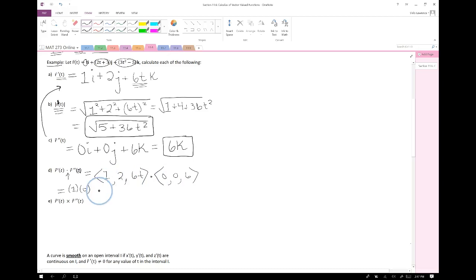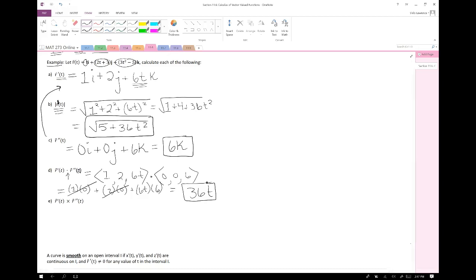You're going to multiply the i components together, the j components together, and the k components together, and then we just add those products. So that's 0, that's 0. All we get is 36t for r prime dotted with r double prime.